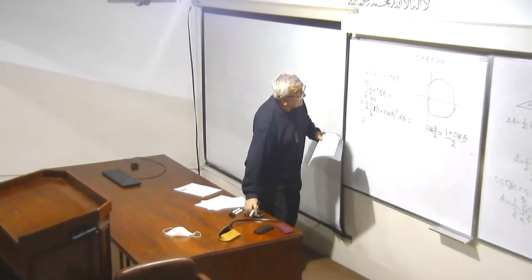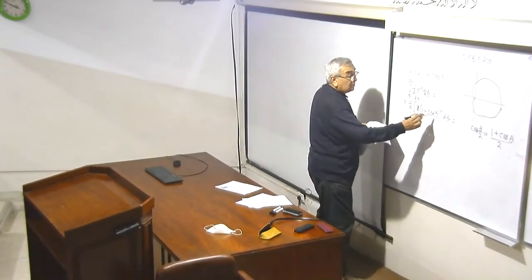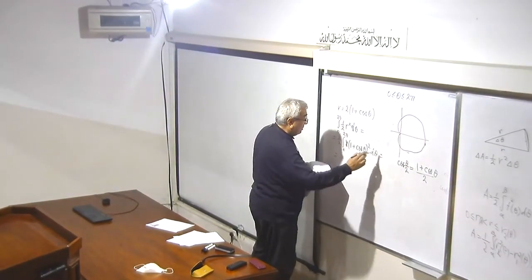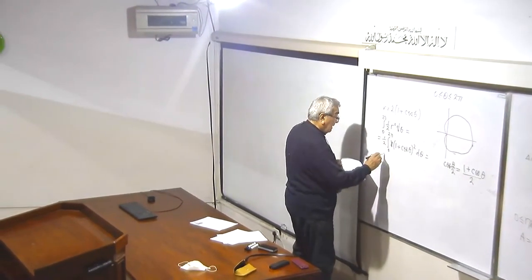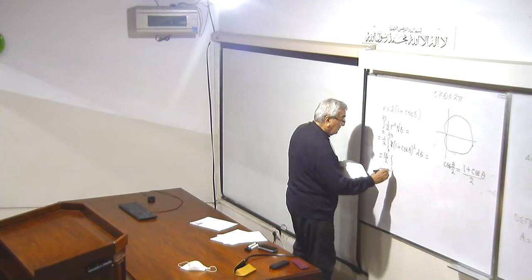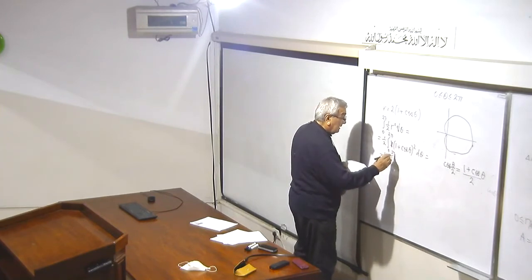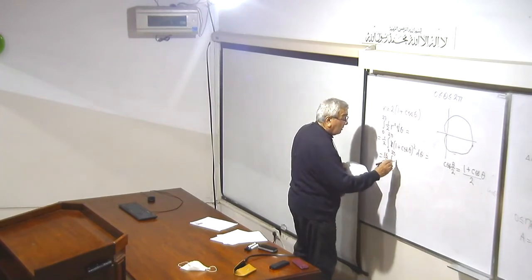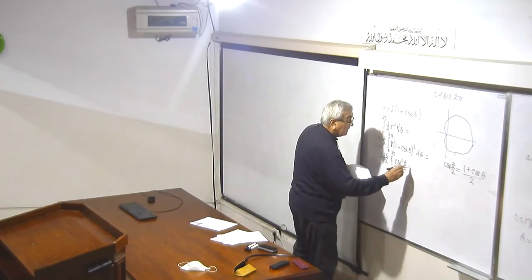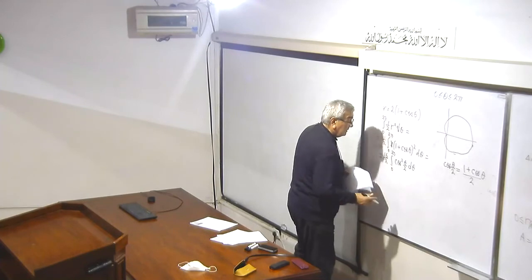This will be equal to 2 cos, therefore will be 16 by 2, the integral from 0 to pi of cos square 1 by 2 theta d theta.